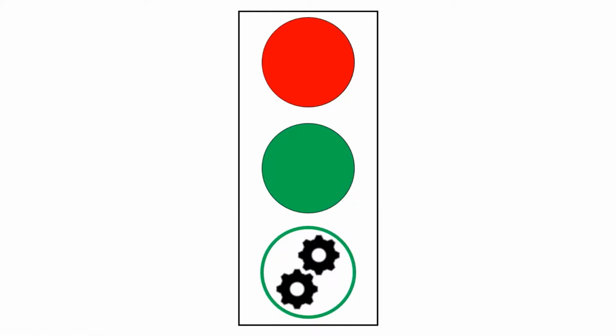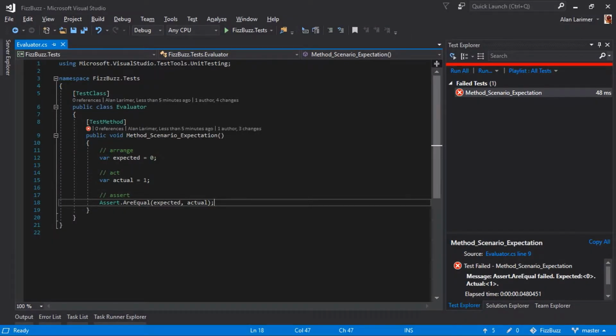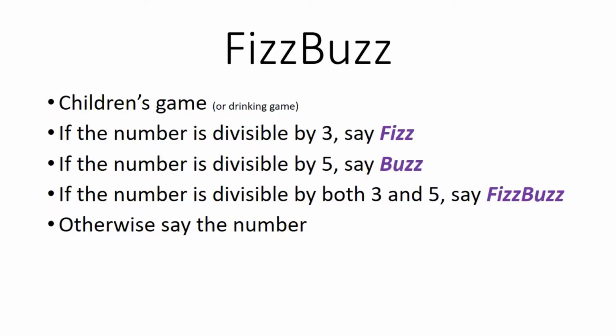Now that we have a failing test, are we ready to write production code? The answer is no, because this code actually has nothing to do with our FizzBuzz program. The first step in TDD is to understand the criteria you want to implement.